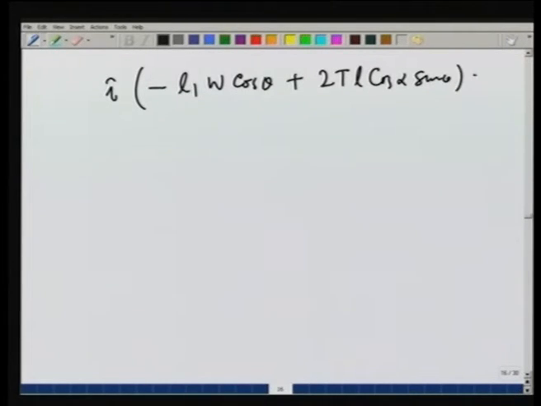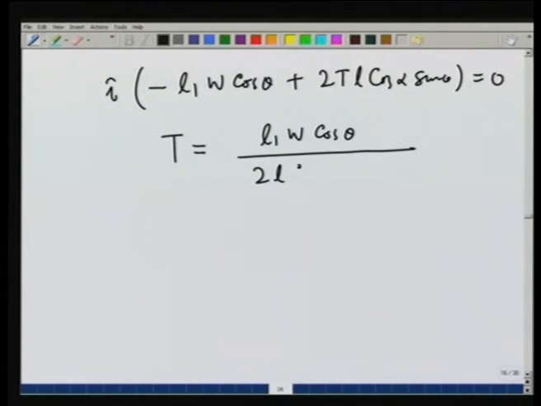This is also in the i direction and this is equal to 0, and that gives me T is equal to L1 W cosine theta divided by 2L cosine alpha sin of theta.